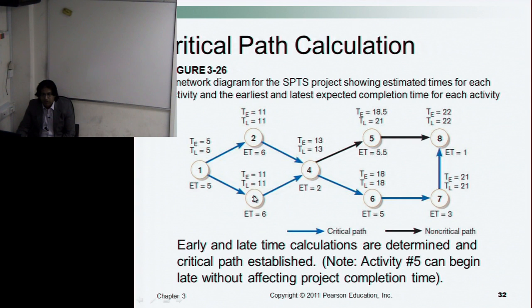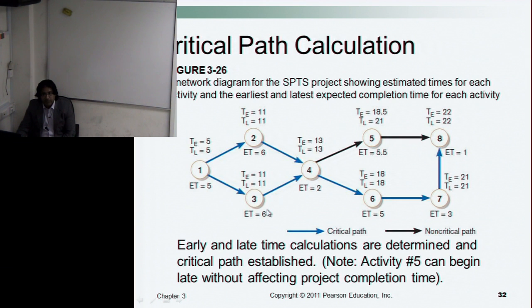Now, for both of them, we have calculated the earliest time for activity 2 and 3. Now I have a question for you. First, we calculated the earliest time for activity 1, then for activity 2, and then for activity 3.